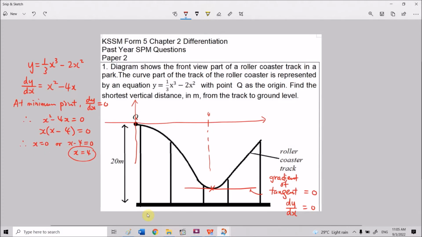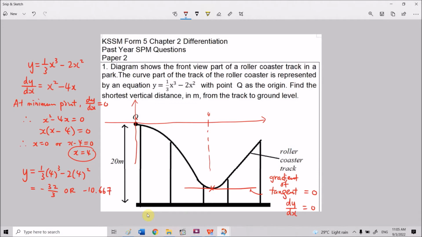So now, for x equals 4, we substitute this into the equation here in order to find the value of y. You get this or negative 10.667. Either one.